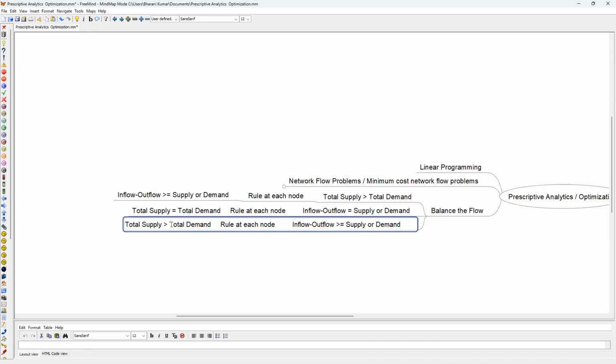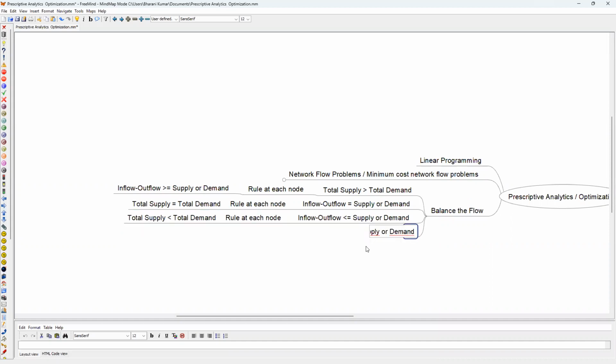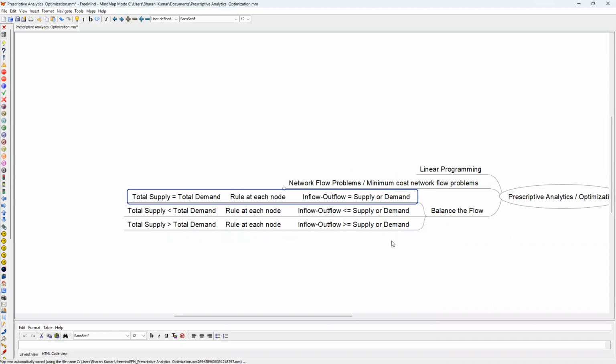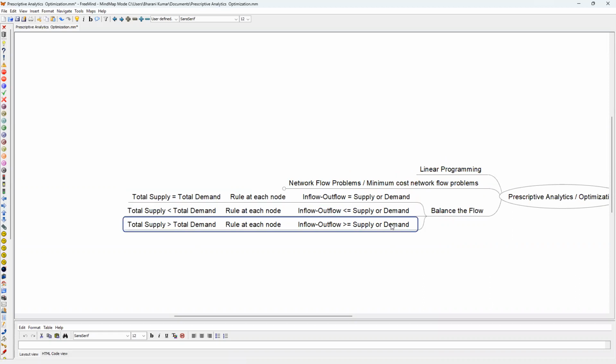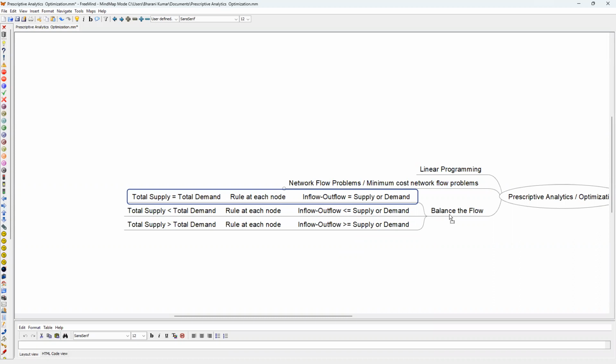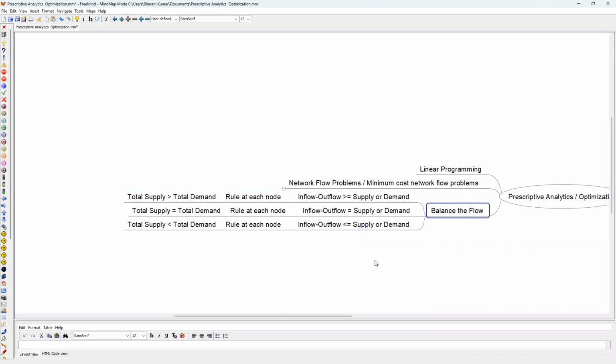And if total supply is less than total demand, then the rule at that node would be inflow minus outflow is less than or equal to supply or demand. Okay, next.